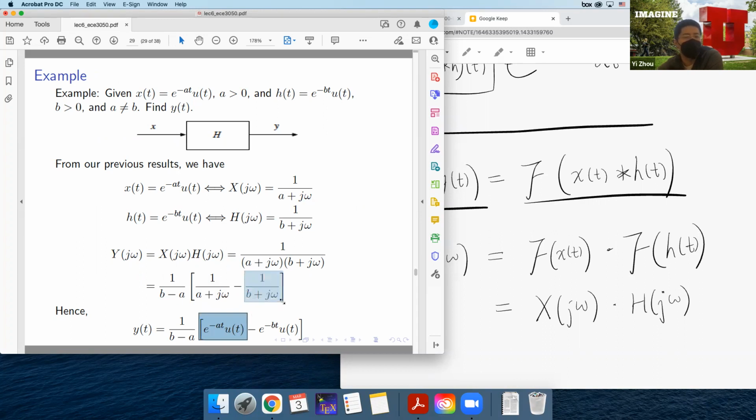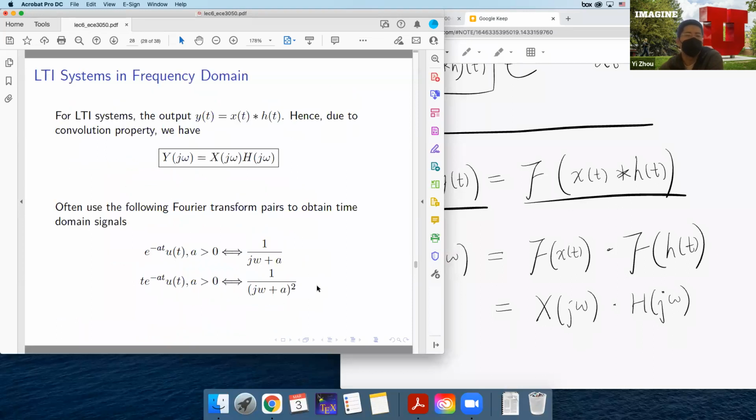And similarly for this one, the inverse transform is given by this signal. Again, because the inverse Fourier transform is linear, you can do this term by term. But you need to simplify this spectrum into a form where the inverse transform of each component can be easily identified. If you directly look at this one, it is not clear what the corresponding inverse transform is. So you first decompose it into two smaller fractions, and for each of them, the inverse transform is clear from this table.